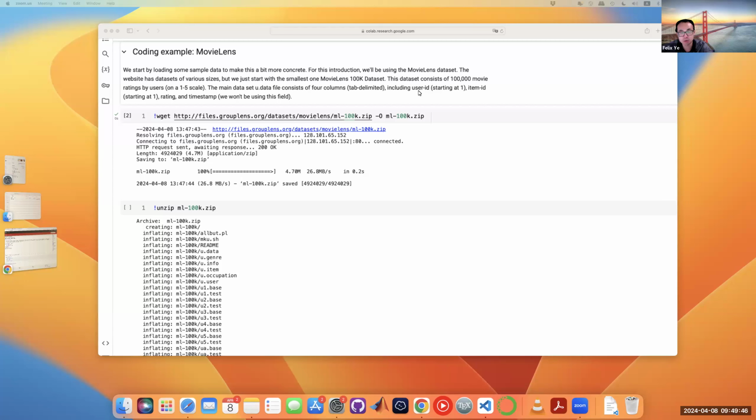We are going to use the user ID and item ID. Both start from 1 instead of 0, and the ratings go from 1 to 5. I didn't use any timestamp here, but you can use that in your homework project if you want.